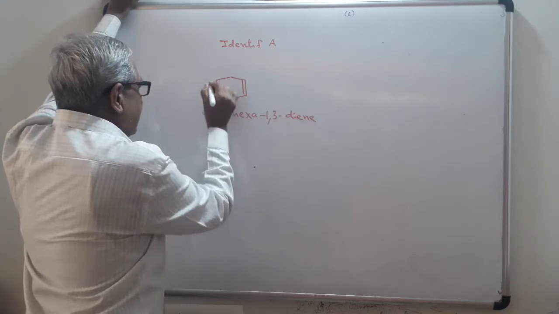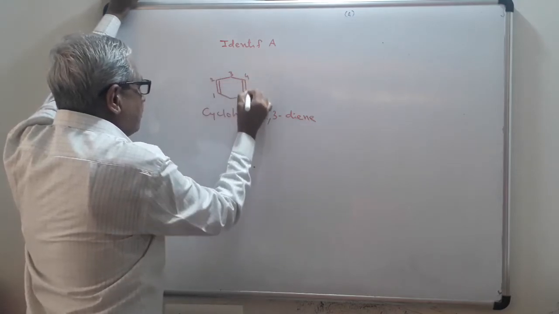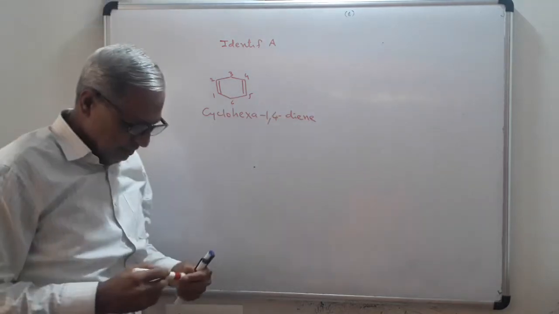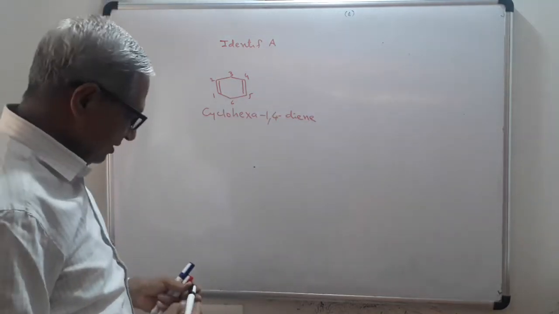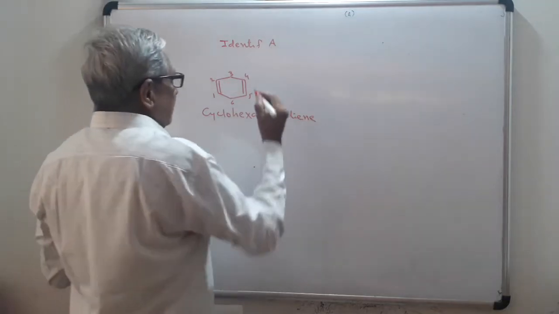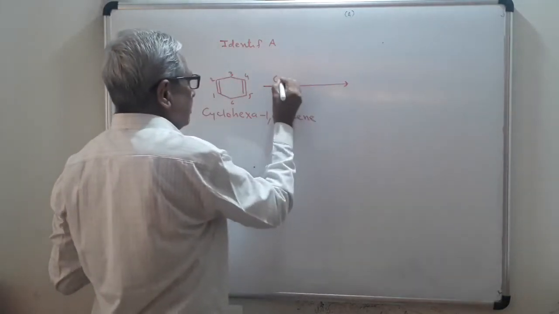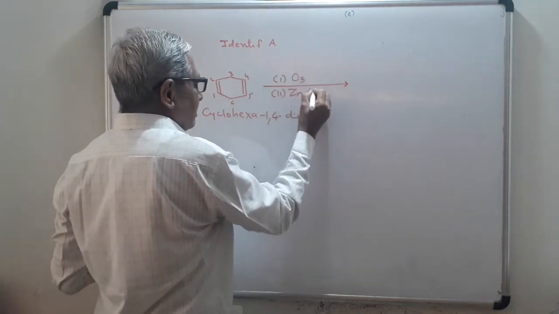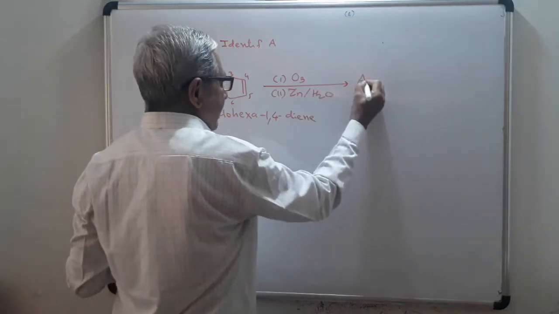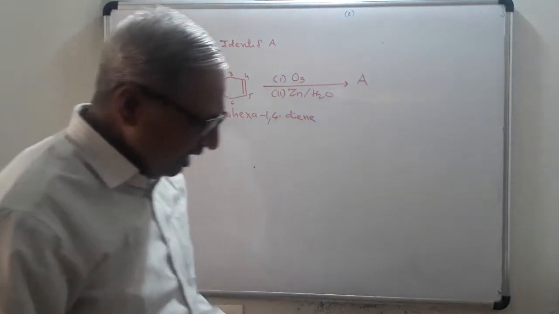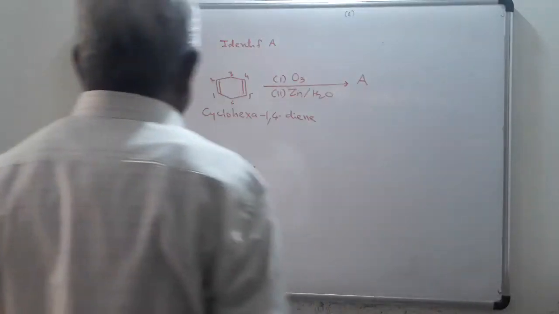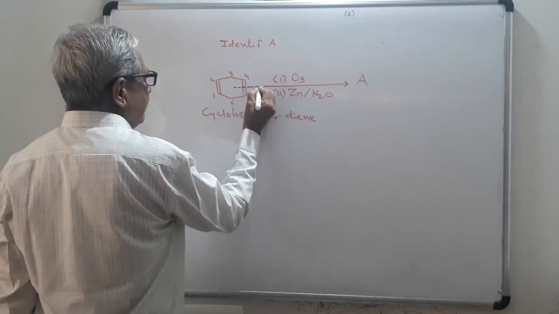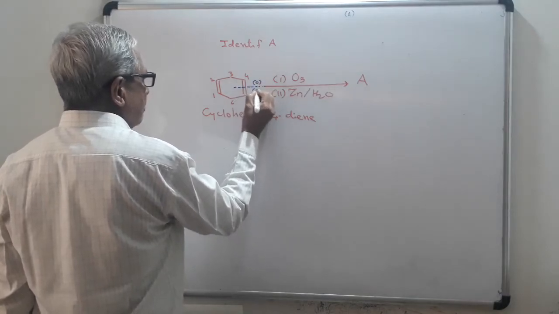See, you will start here, carbon number 1, 2, 3, 4, 5, 6, not 1,3. It is a 1,4-diene. It is non-conjugated. Cyclohexa-1,4-diene. Now see this compound is first treated with ozone, second treated with zinc and water, and the question is to identify A. I gave the hint here: you will break this bond, and you will add one oxygen atom on both sides.